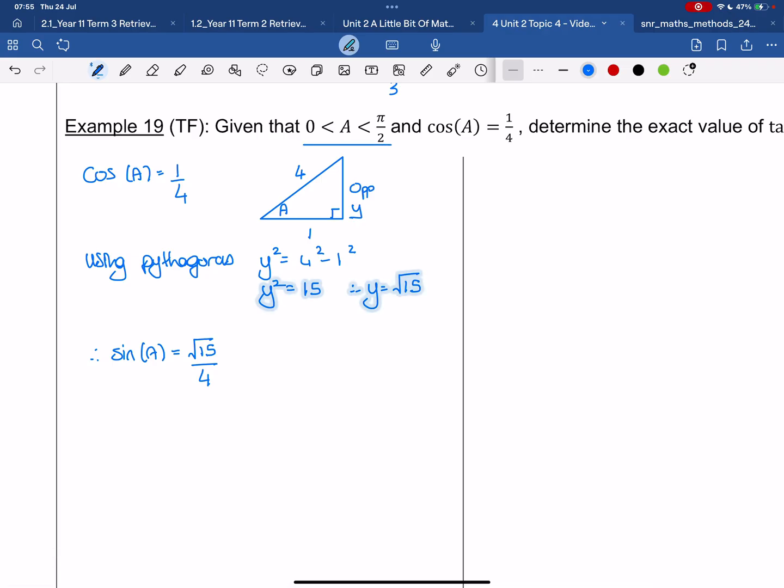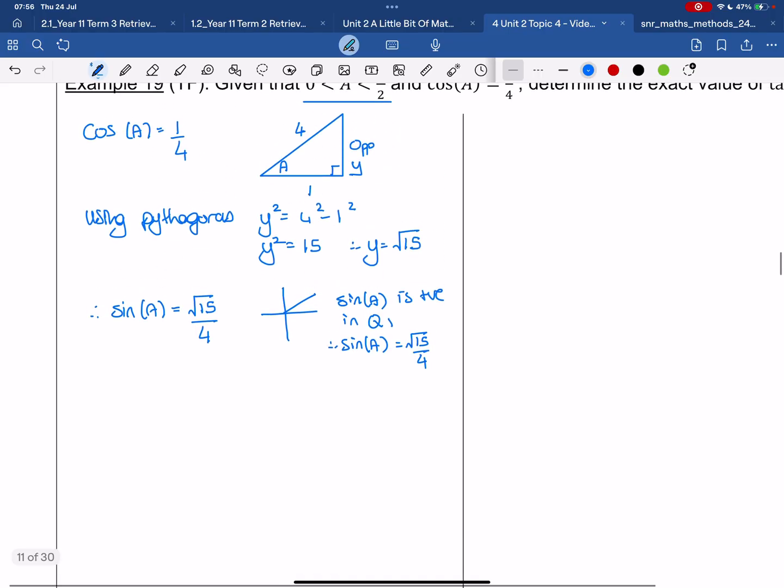This is in quadrant 1, between 0 and pi on 2. So sine of a is positive in quadrant 1, so therefore sine of a is going to be root 15 over 4. All right, that's my first step.